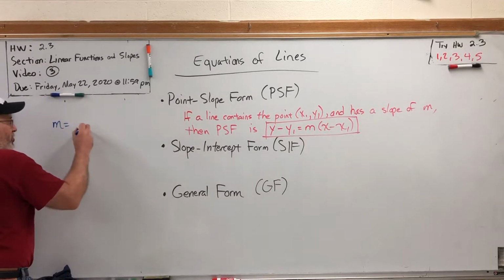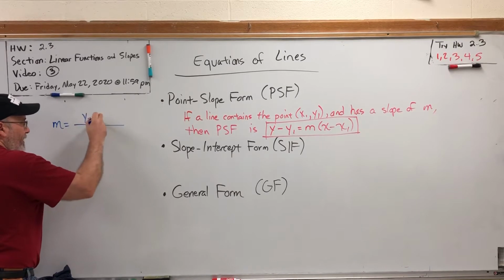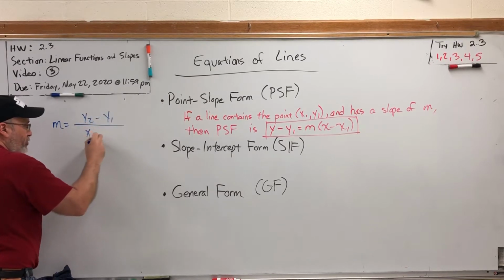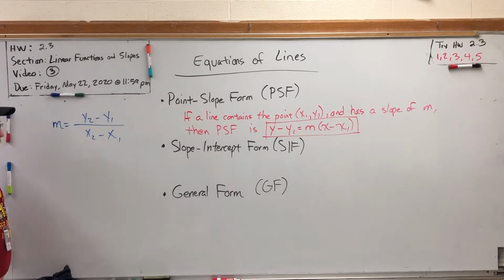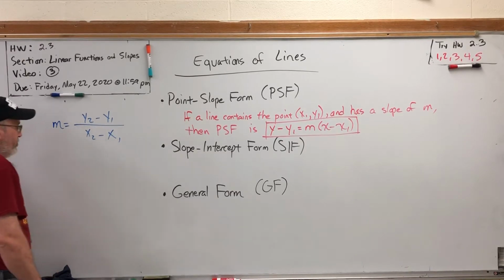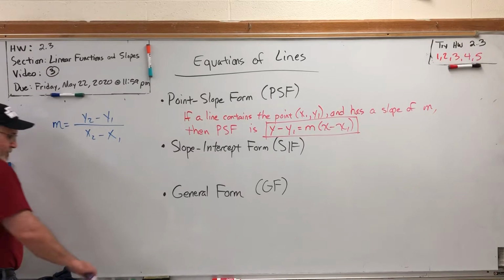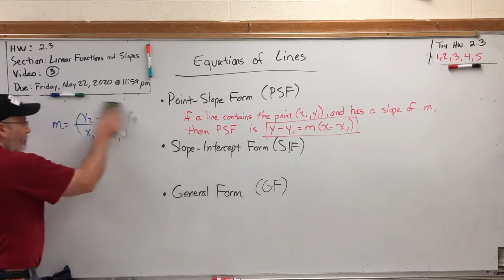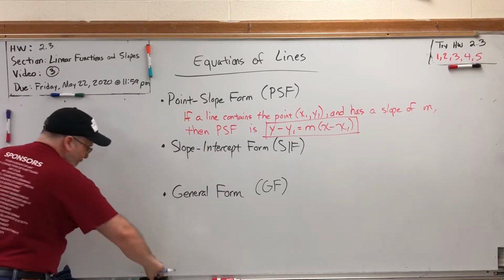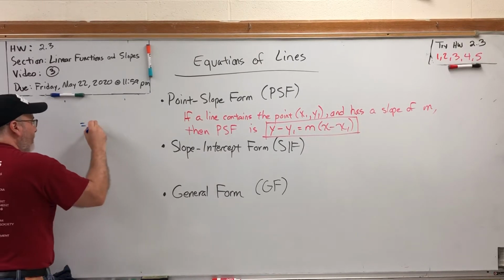The formula for slope is m equals y2 minus y1 over x2 minus x1. To get point-slope form from this, you could start by multiplying both sides by the denominator. Let me do something real quick. I'm going to write the formula again, but I'm going to put the m on the right side.